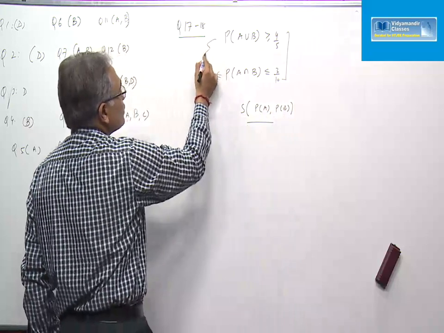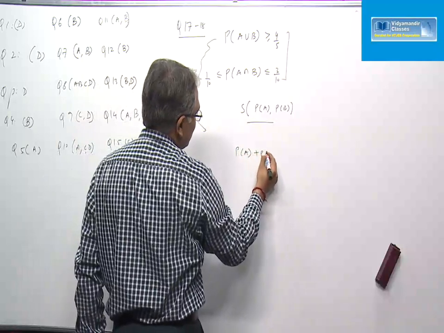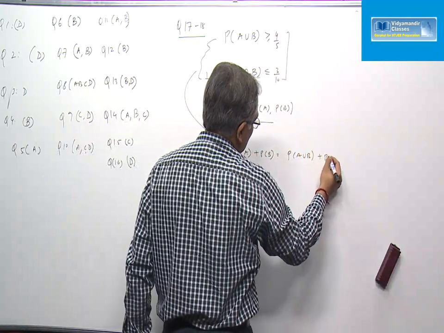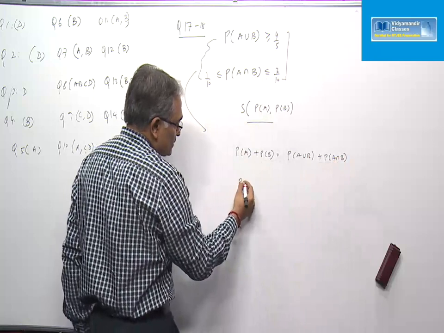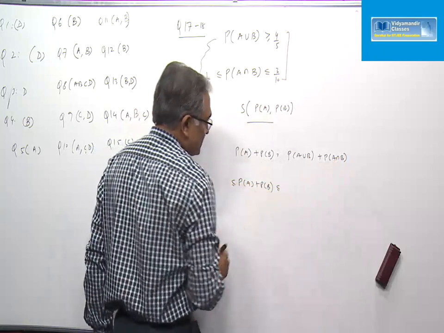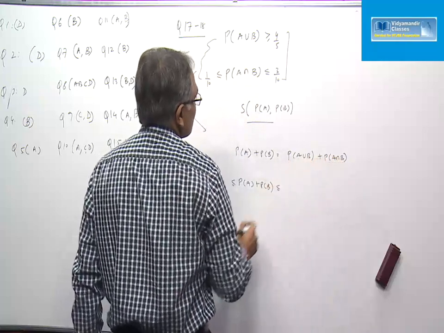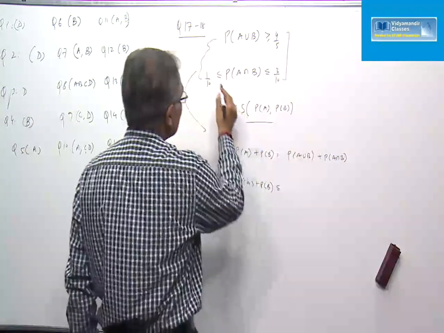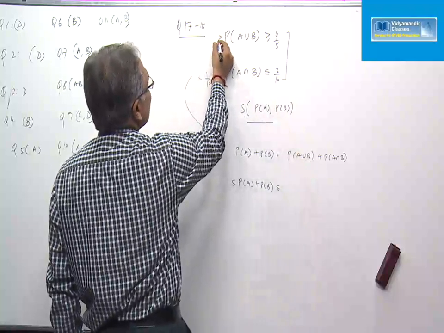Now from these two equations, P of A plus P of B, which is probability A union B plus probability of A intersection B, we can get the range of this, that is PA plus PB. Maximum value will be when this is maximum and this is minimum, but in that case we need to take the union of the complete interval, that is probability of A union B lies in 4 by 5 to 1.